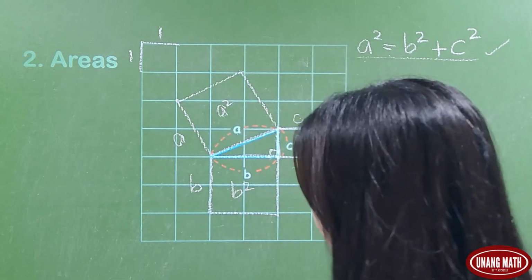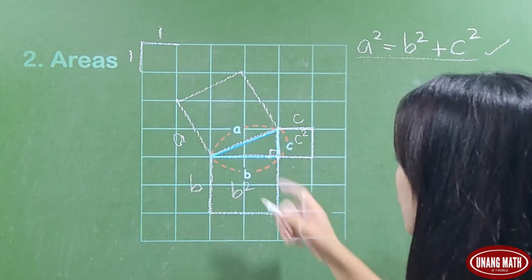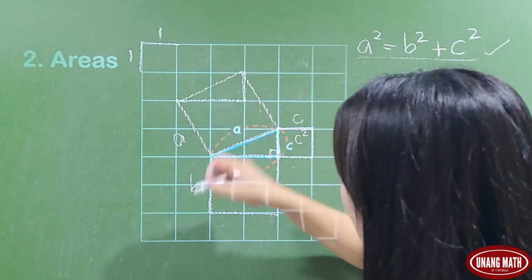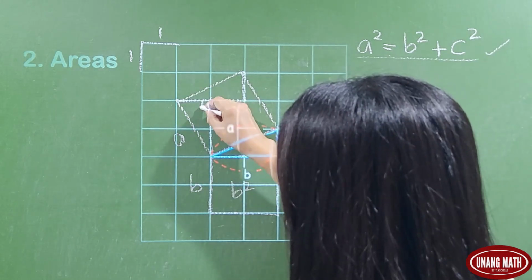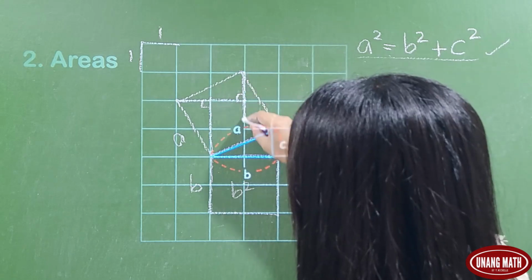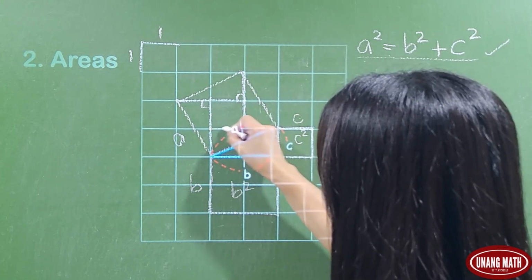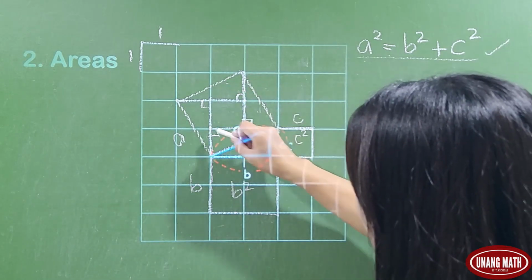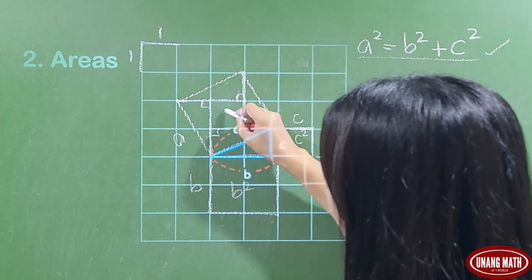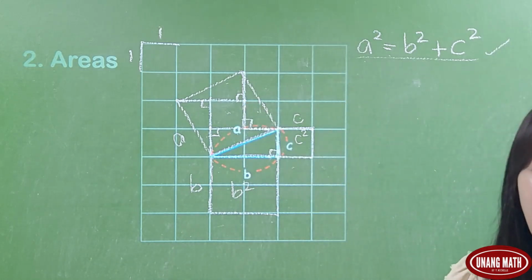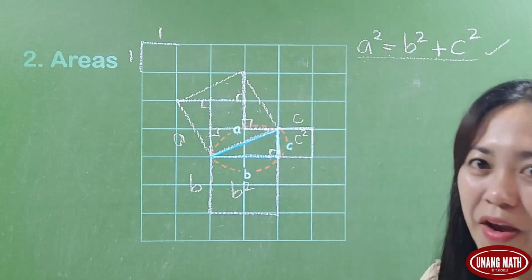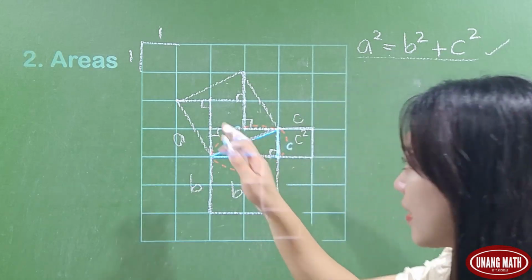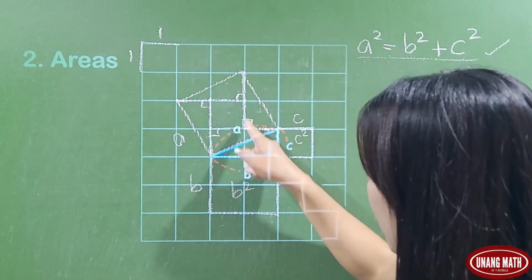As you can see, in this square, we have here right triangles, we have 1, 2, 3, 4 right triangles, and this is one square. So total 5 squares. One right triangle here is equivalent to 1 square.